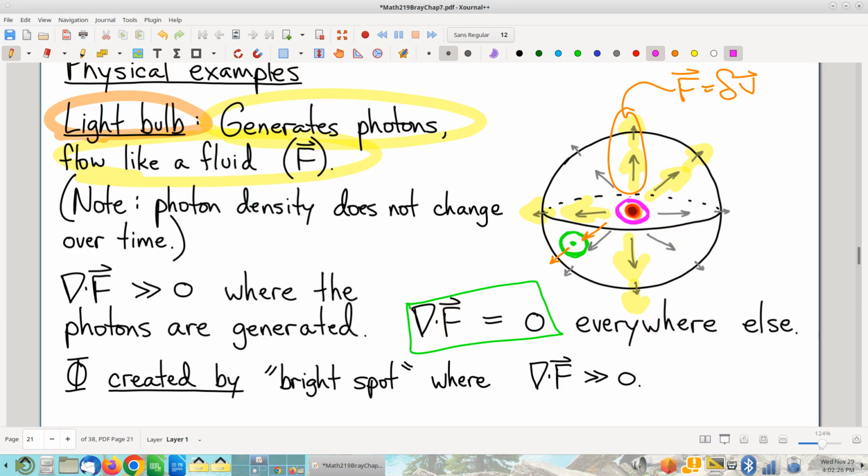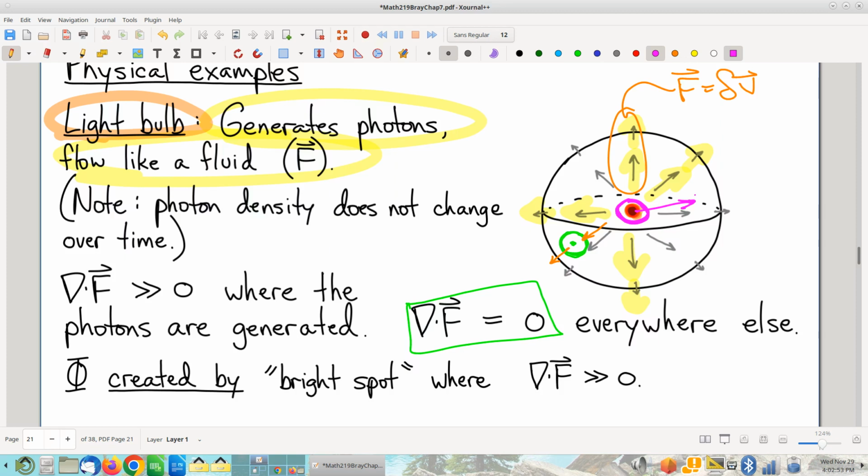Well, photons that shoot out of the LED count as positive flux as they leave and never return. There is no opposing negative flux when it entered. These photons never entered this purple sphere. They were born inside the purple sphere. They left, end of story.